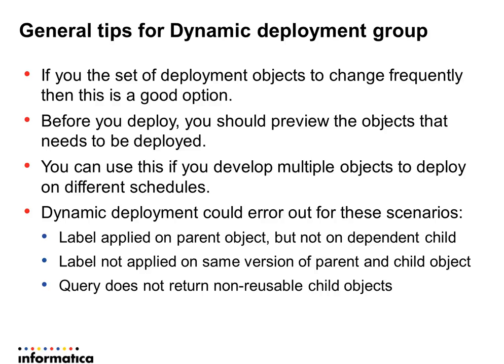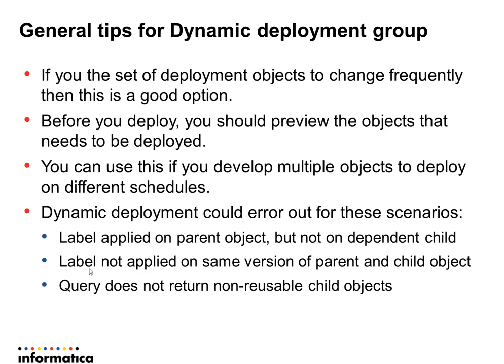While creating a dynamic deployment group, you can have many errors, and here are a few errors that I can explain. First error: if you have created a label on a parent object and you have not created it on the dependent child object, then creation of the dynamic deployment group could error out.